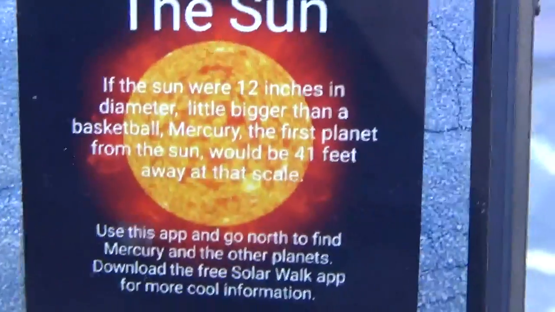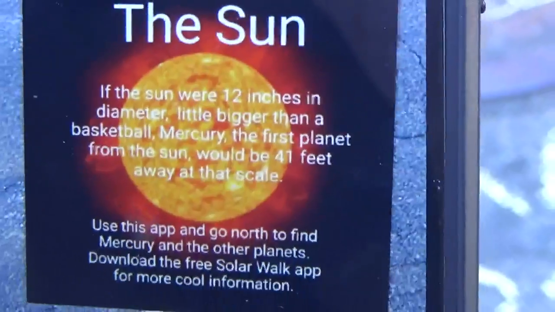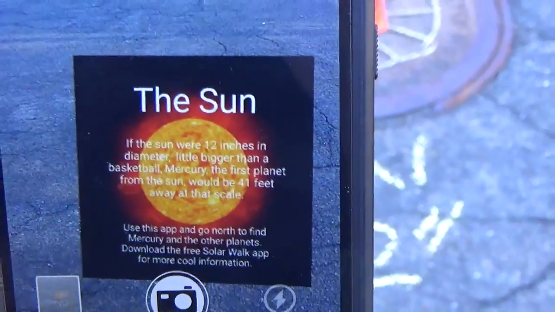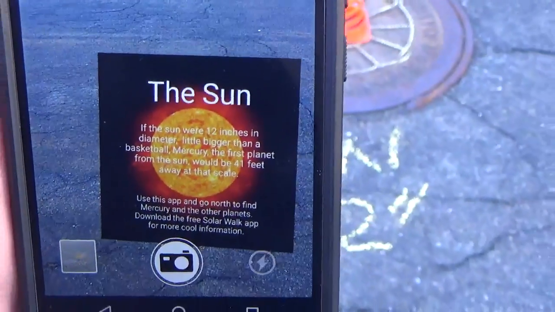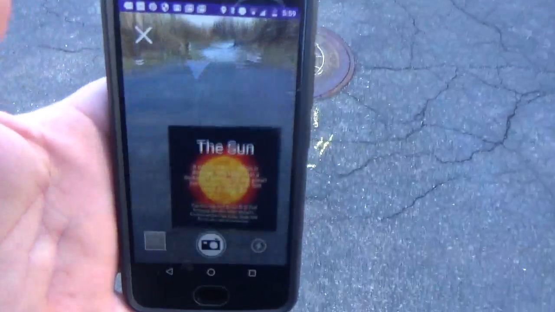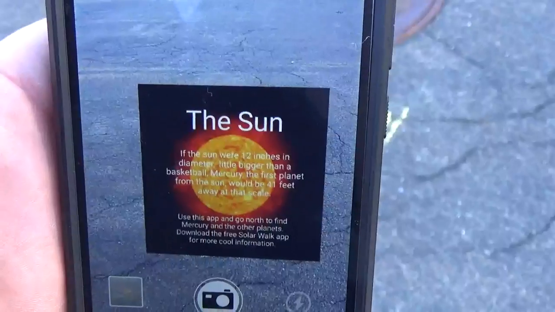So even though I'm the person who created this, and I'm the person coming back and finding this, it could be anybody doing this who also has this app, which is free, by the way. So there we are. That's what we're looking for it to do, to pop up this informational overlay.